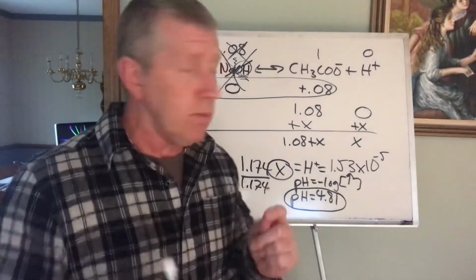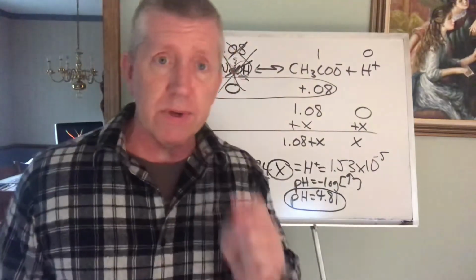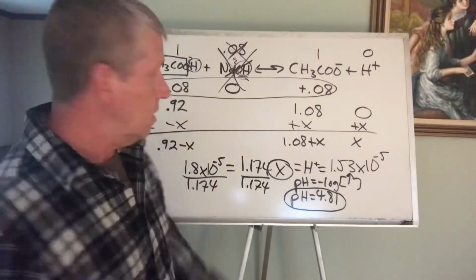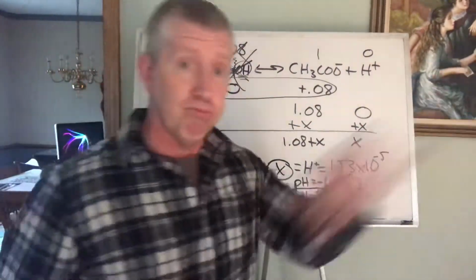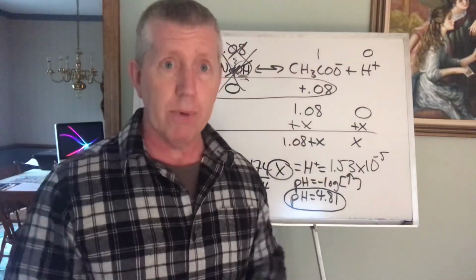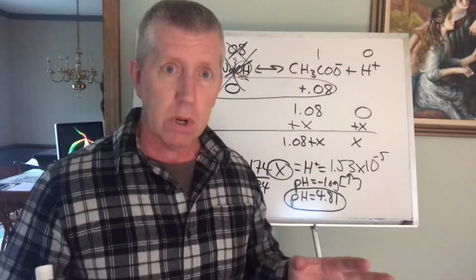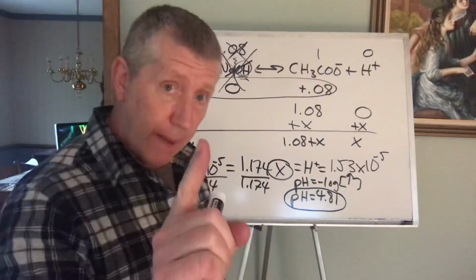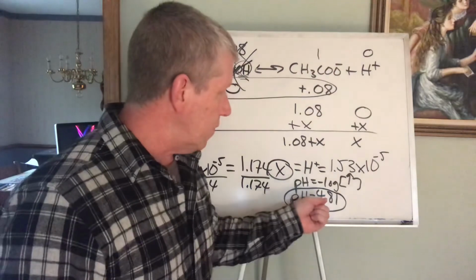Now, we started out with this solution at a pH of 4.74. We dumped some base in there. The buffer went to town, did its job, took care of that invader, dealt with it, neutralized it, gone. And we ended up, after that, with a pH of 4.81.